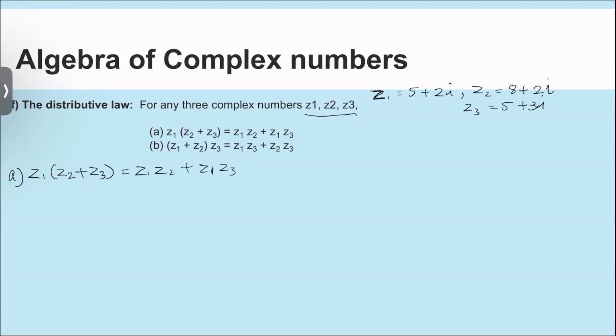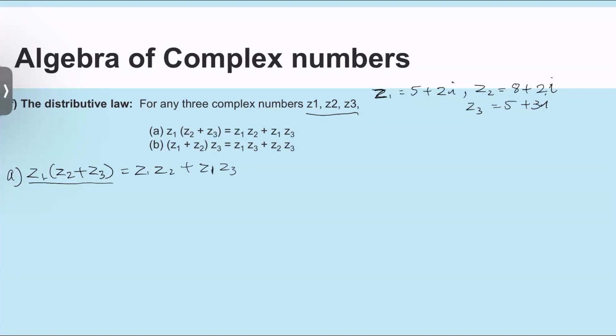First, let's try to solve the left hand side of the equation and see if this can be validated. First we will do the addition of z2 and z3, and let's keep z1 as it is. z2 is 8 plus 2i plus 5 plus 3i.